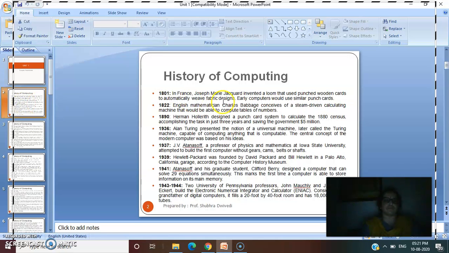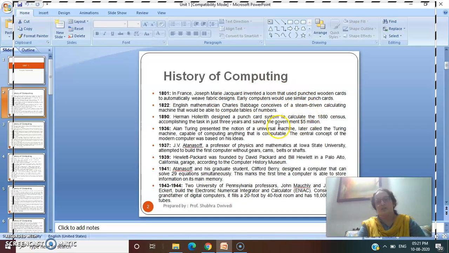As you can all see over here, the work on making a computer started from the year 1801. So basically, what was the need for making a computer? At that time, the population of the US was increasing very, very rapidly, and there was no tool available with the government to tabulate the data.